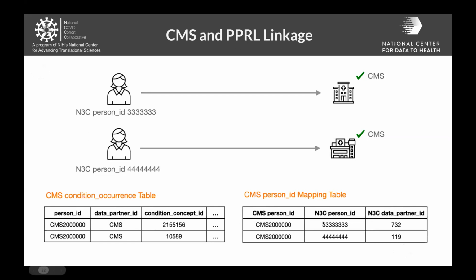This basically indicates that 33333 and 44444 have different names according to our different sites, but they're actually representing the same individual that visited multiple sites. That's pretty rare in the data, but it is possible, and it is there for a few patients.